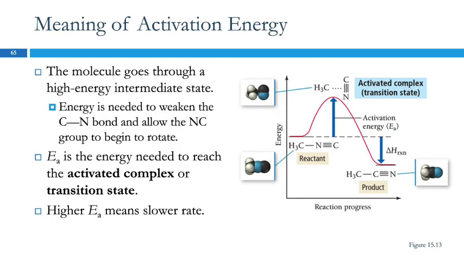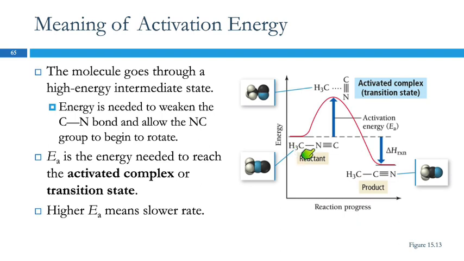The molecule goes through a high energy intermediate state. In order for the reaction to occur, the nitrogen bond has to break and the carbon bond will form. So originally, this nitrogen is bonded to this carbon over here, and this is the bond that needs to be broken.